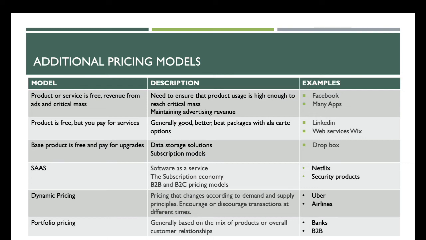Oftentimes, if you are in the tech world, you might need to recoup your research and development costs on a new tech product. So generally, when a new tech product comes to market, it's very, very expensive. Like all of your fancy iPhones that come out, they're always more and more expensive because they're recouping what they put into the research and development of that product to bring it to market.